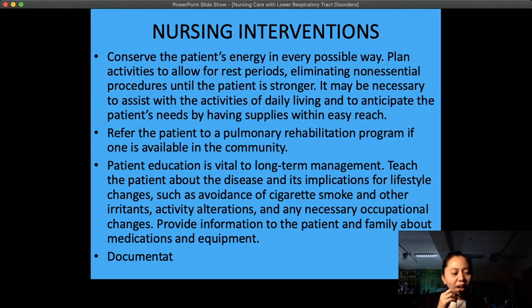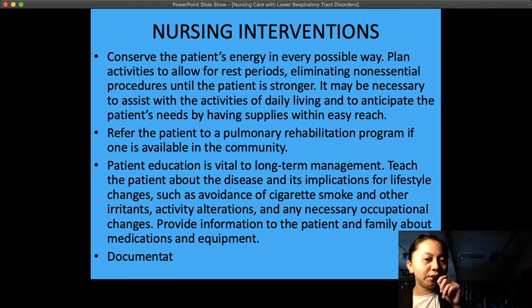So marami kang ikaka-advise. Rest period, sleeping pattern, diet, okay? Refer the patient to a pulmonary rehabilitation program if one is available in the community. Patient education is vital, okay? Patient education is vital to long-term management.